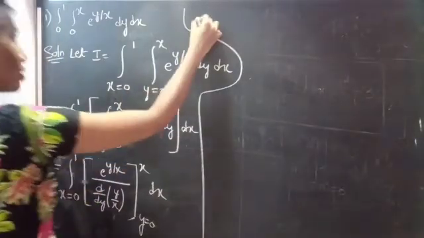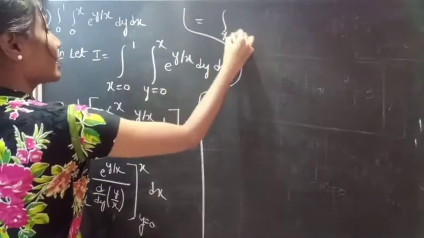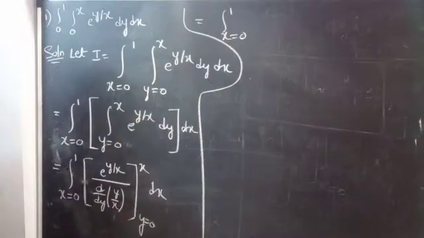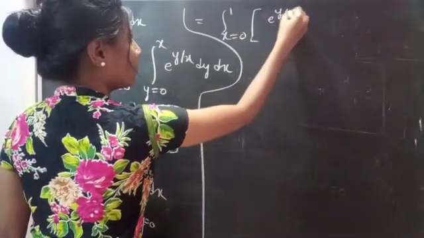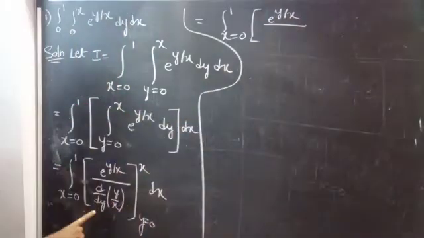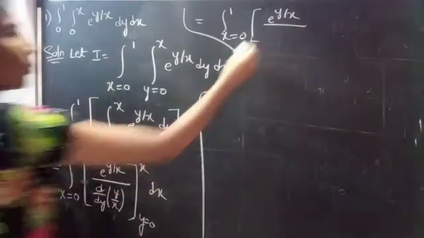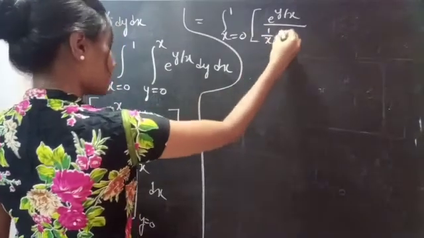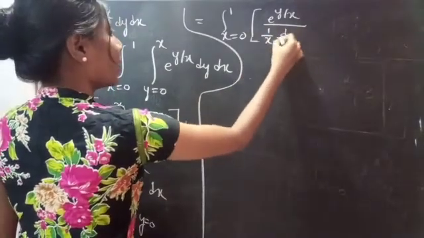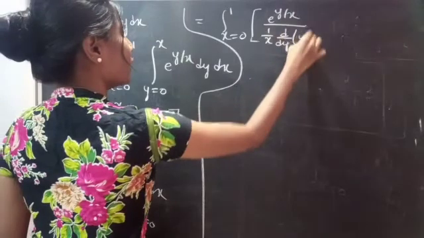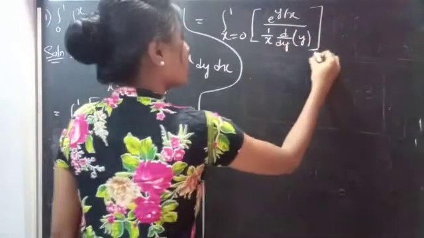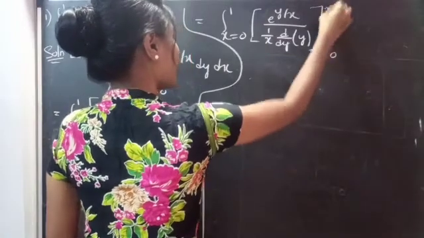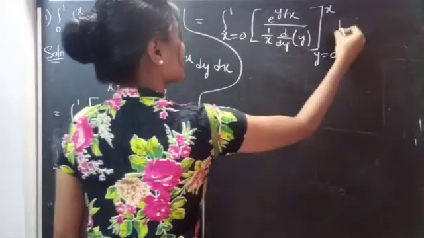So this is equal to integral x equals 0 to 1 into e power y by x divided by, differentiating with respect to y, 1 by x into d by dy of y, under limits y equals 0 to x, into dx.